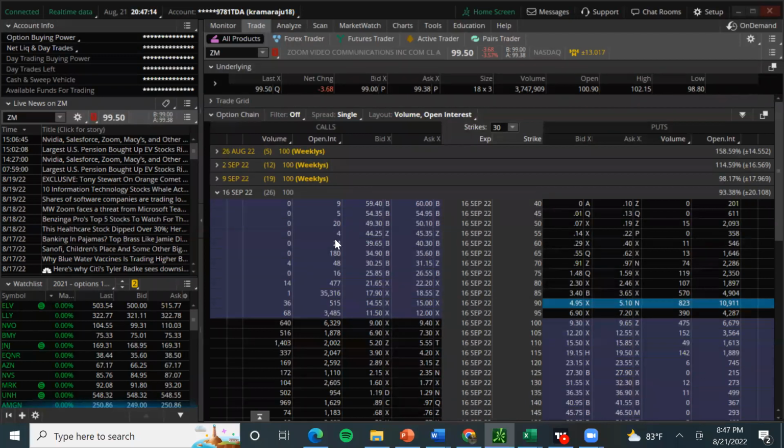And there is one more strategy called credit spreads, which has less risk and more profit potential. With a lower risk, the probability of success is much more compared to debit spreads. With long calls, long puts, your risk is very high. With debit spreads, your risk got reduced.